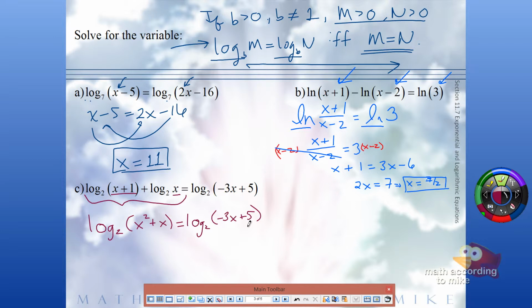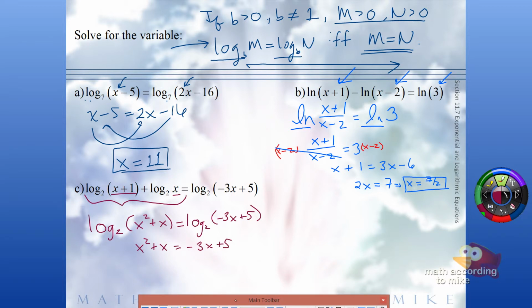We're all set for our one-to-one property because we have log equals log. So we're going to set the arguments to be equal. Bringing everything to the left-hand side, we get x squared plus 4x minus 5 equals 0.